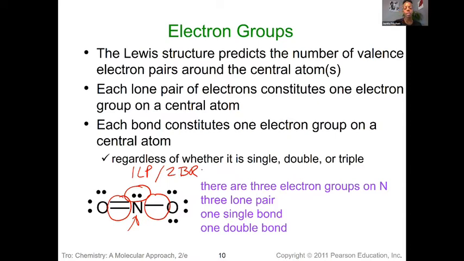So overall, on that central atom, there are 3 electron groups or regions. That number 3 is going to ultimately dictate the shape we predict it would take on. When predicting these electron geometries, there are only 5 different orientations we can have: when there are 2 electron groups, 3, 4, 5, or 6.